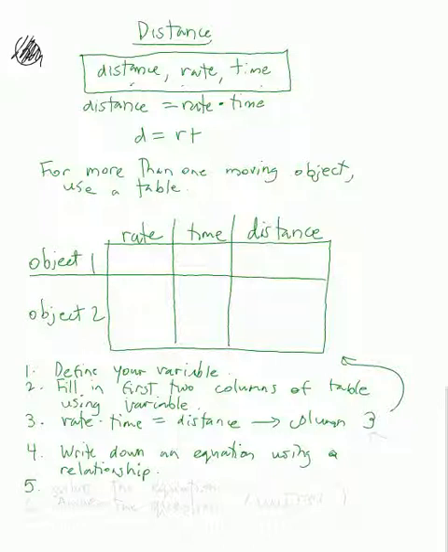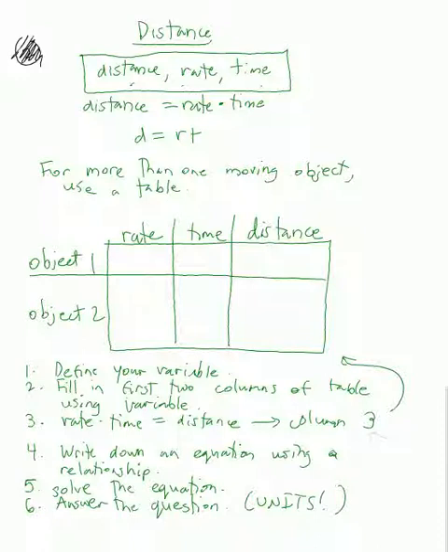Step 5 is going to be to solve the equation. And step 6 is going to be to answer the question as before. Don't forget your units. Just want to remind you guys, units are very important.